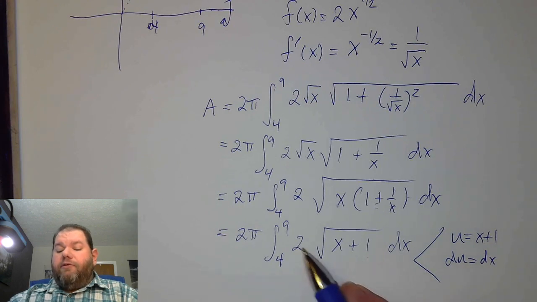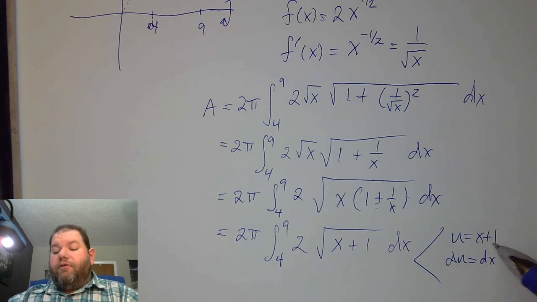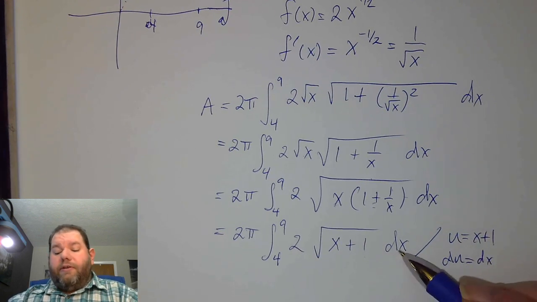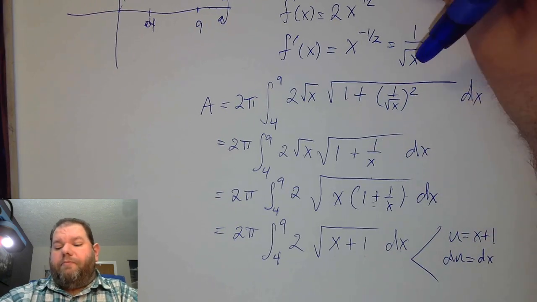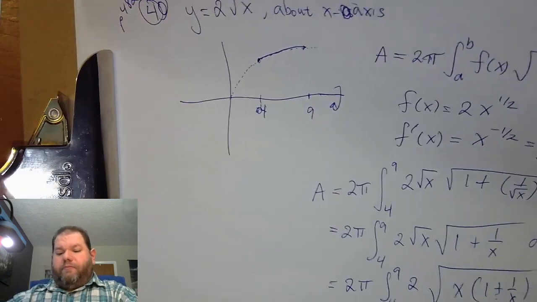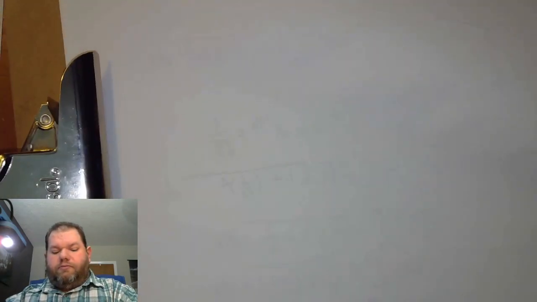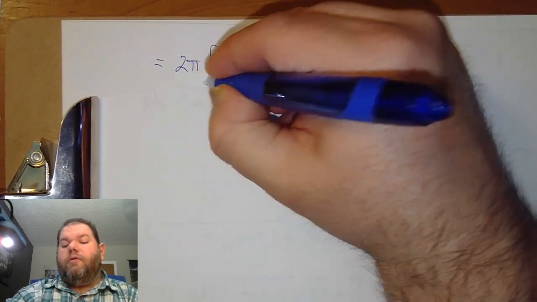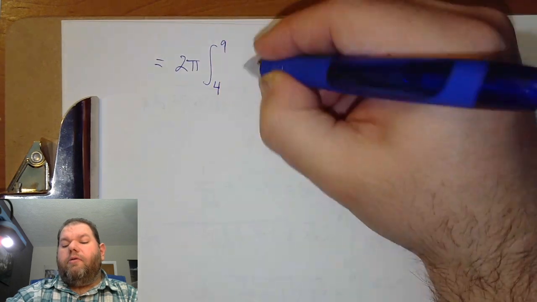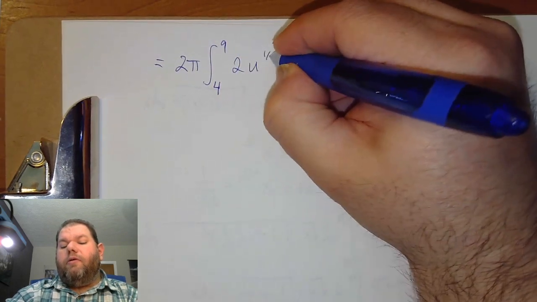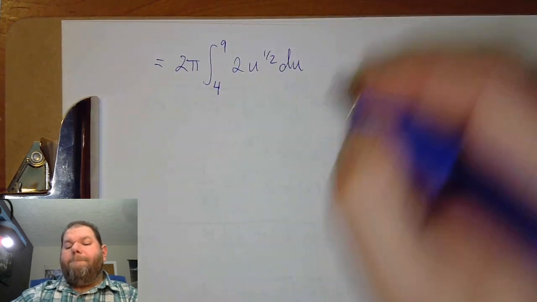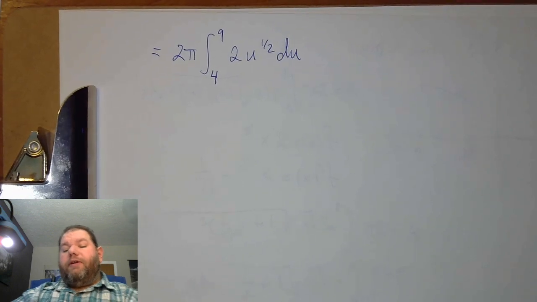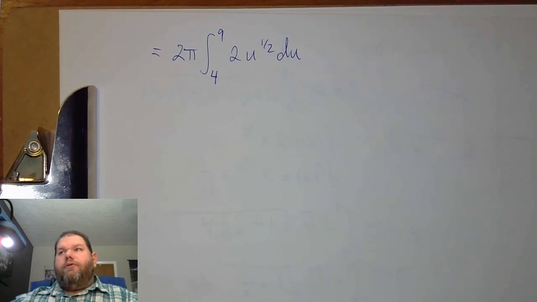And then we have 2u to the 1/2, because it's the square root of u, and then du. Alright, now what is the integral of 2u to the 1/2?